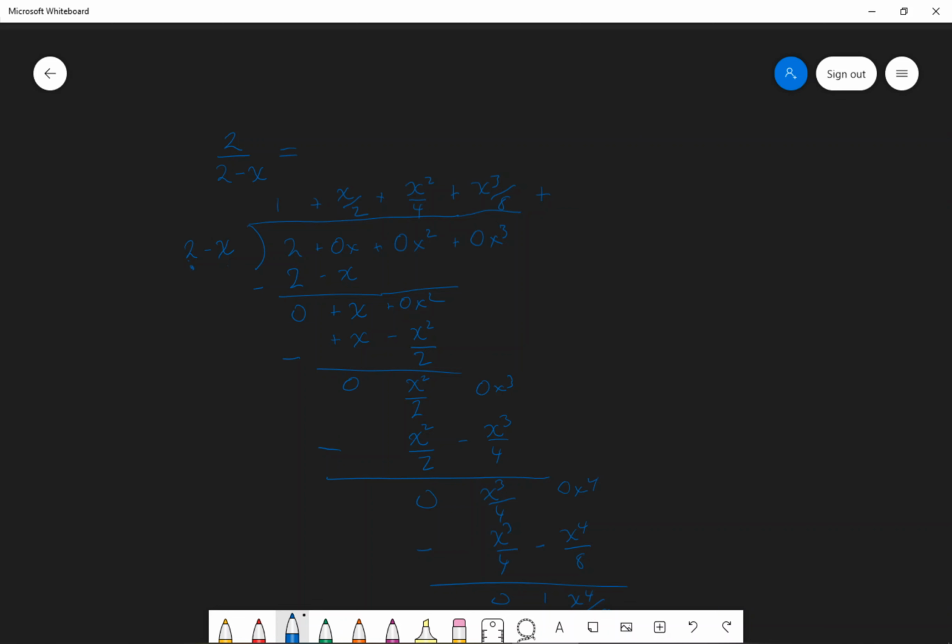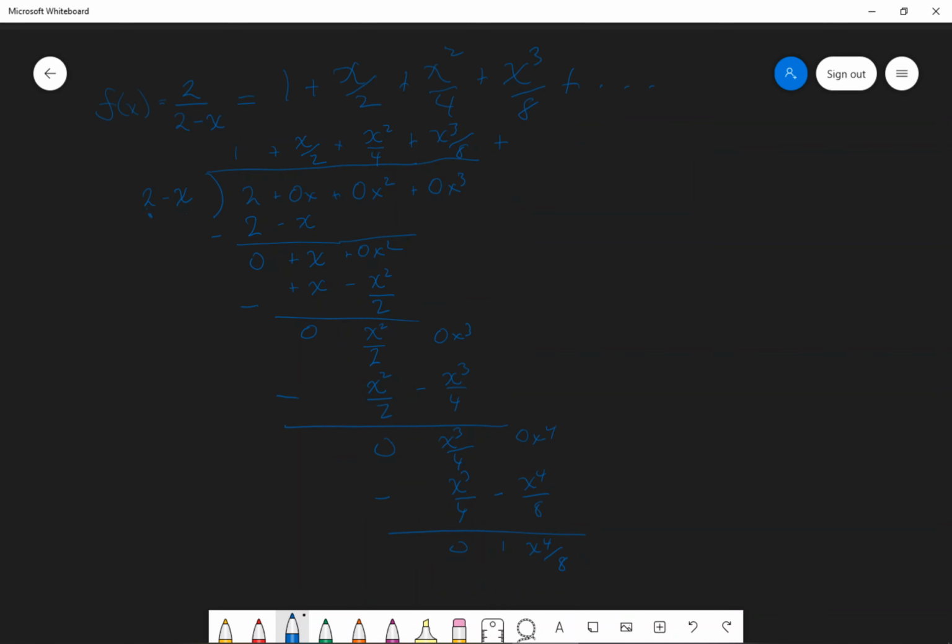The more terms you add, the more accurate it's going to be. So this is how you do polynomial long division, but it also shows us that a function can be approximated by a polynomial series, or a power series. And this is the power series expansion.